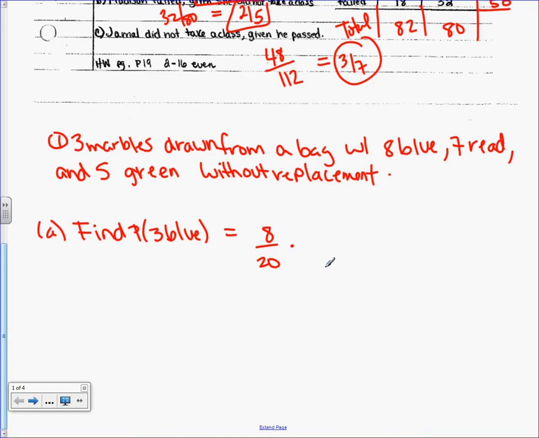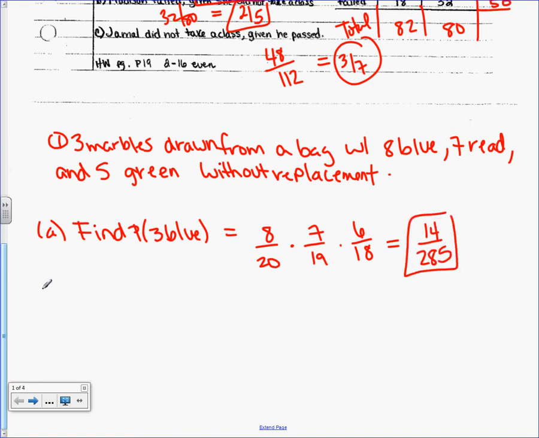If I'm not replacing them, what is the probability of the next one being blue? 7 out of 19, and another one, 6 out of 18. Do you guys get that? Okay, and then you punch that in. And what do you get? Yep, good. 14 out of 285.